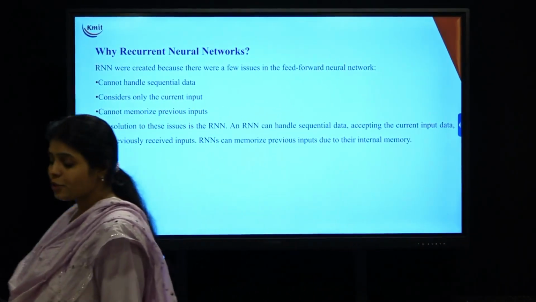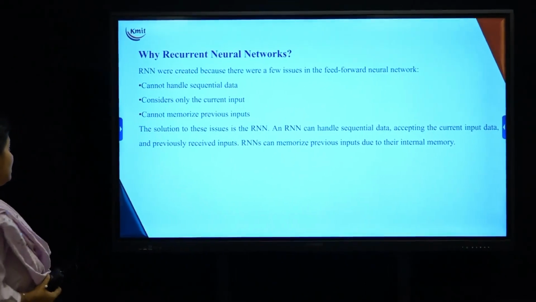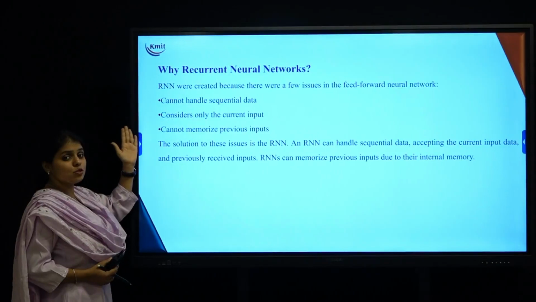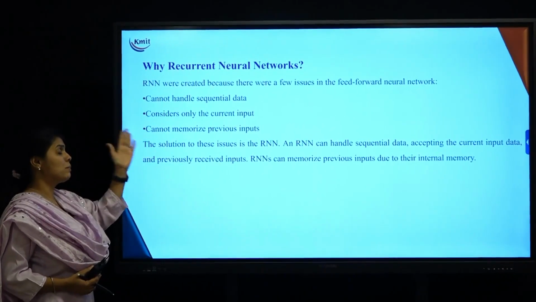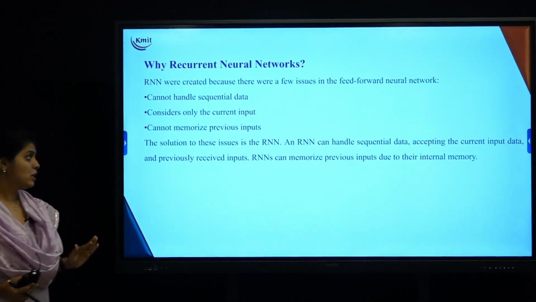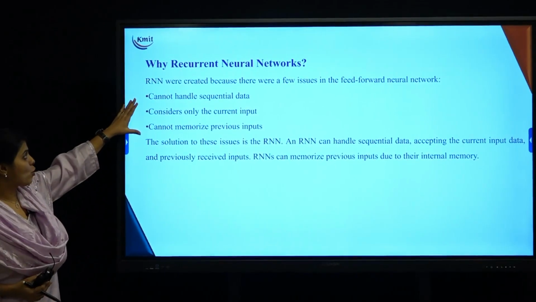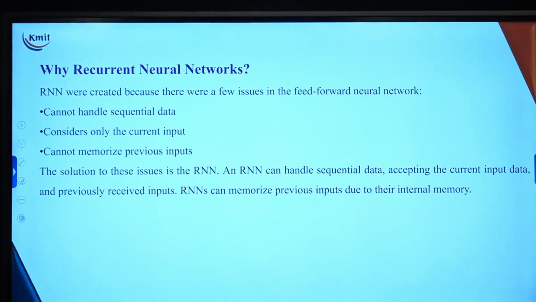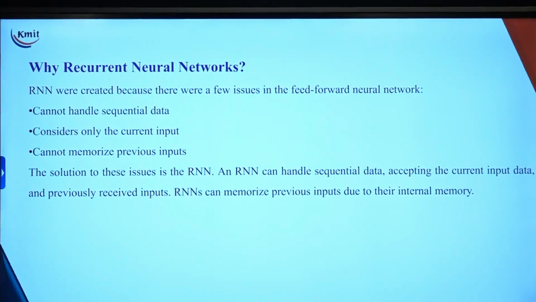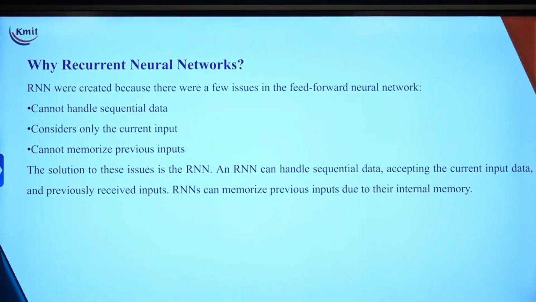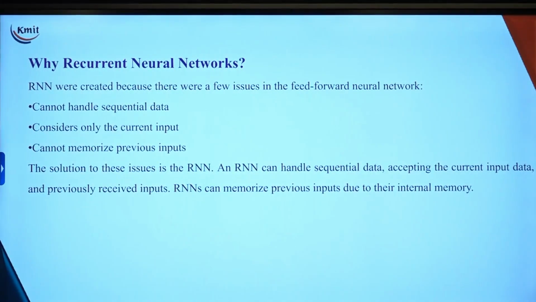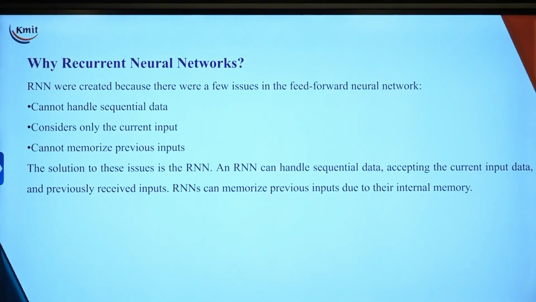The other neural networks consider only the current input and have no internal memory, hence they cannot memorize the previous input. So to solve these three problems in the previous neural networks, we go for RNN. RNN can handle sequential data, accepting the current input data and previously read inputs, and as RNNs have internal memory, they can memorize the previous inputs.